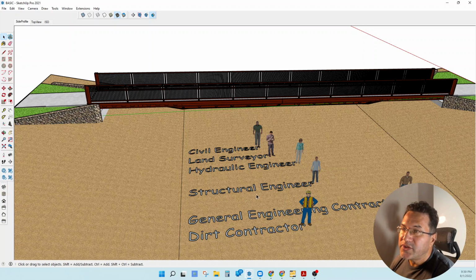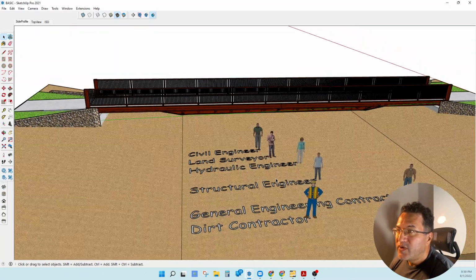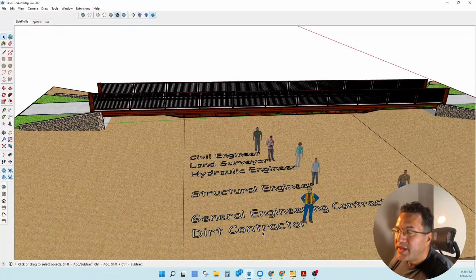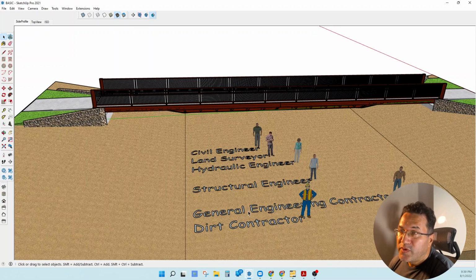Same thing with a structural engineer. If you contact a structural engineer directly, they're gonna want to build a completely whole new bridge and not one of our repurposed bridges. A dirt contractor, he's gonna probably reach out to a civil engineer or a structural engineer, or reach out to us to design that bridge.